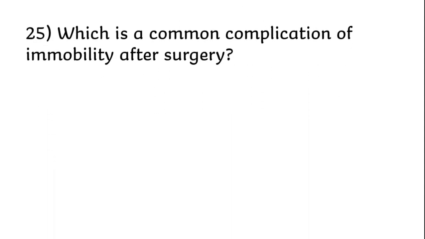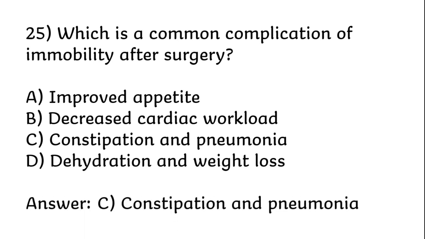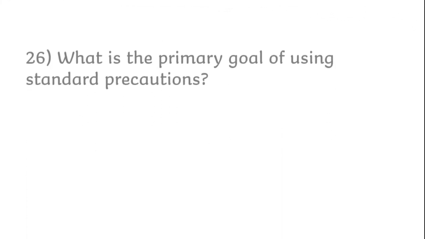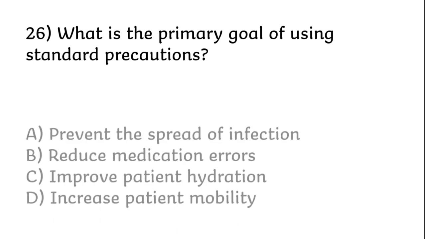Which is a common complication of immobility after surgery? Improved appetite, decreased cardiac workload, constipation and pneumonia, dehydration and weight loss. Correct answer is option C, constipation and pneumonia. What is the primary goal of using standard precautions?